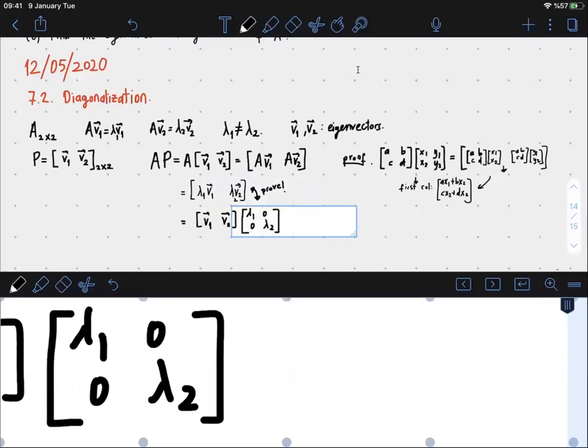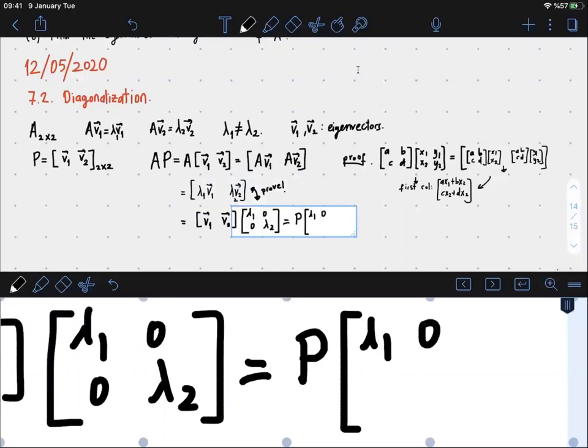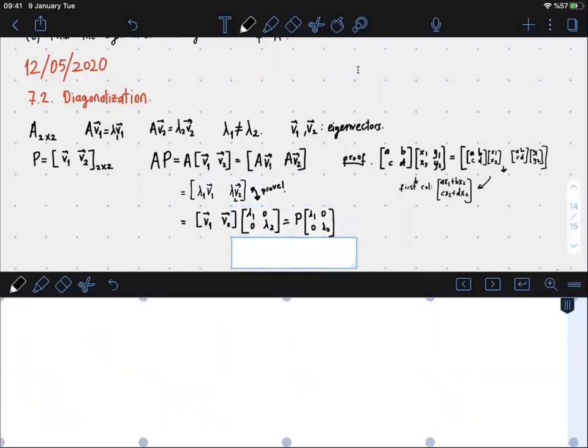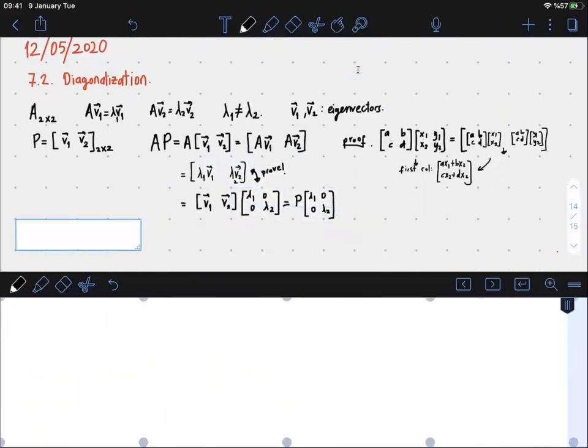Any questions here? Okay, we're going very good. So let's see what we obtain. We obtain that this is P, and this is lambda 1, 0, 0, lambda 2. So what did we do?